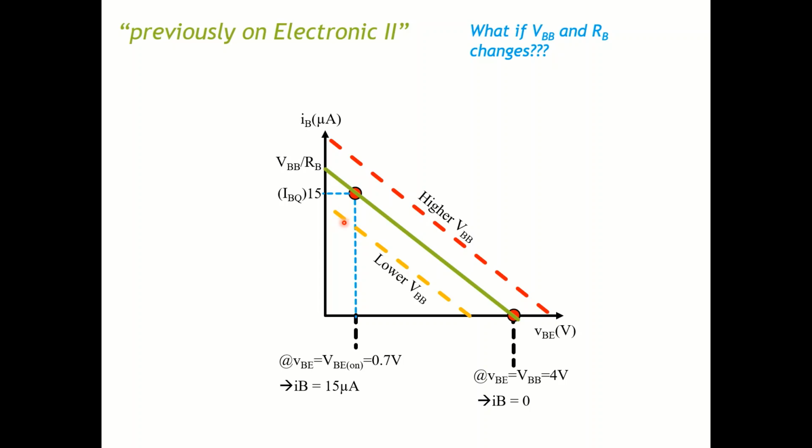You notice that I didn't change the slope, because you can calculate the slope to be minus VBB over RB, divided by this value on the x-axis, VBB, so you cancel out the VBB, and the slope is independent of the base voltage VBB. It only depends on RB. Therefore, if I want to change RB, a lower RB can give me this, and a higher RB can give me this.